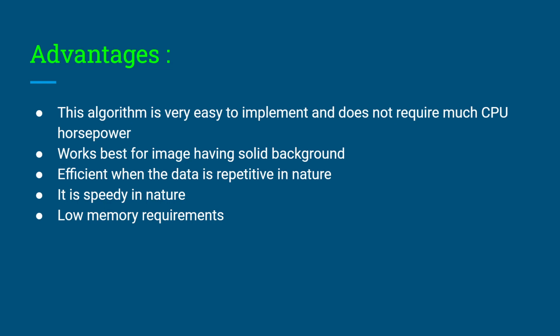Therefore, when the data is repetitive, we will get fewer vectors and the compression will be more. It's also speedy in nature. You know that I did it in a very short time, and it has low memory requirements compared to other compression techniques. So these are some advantages of run length coding you should keep in mind.